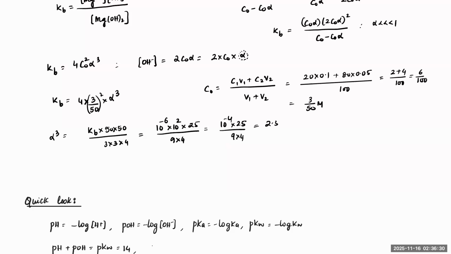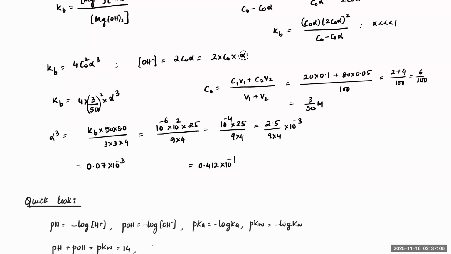So 2.5 divided by 9 into 4 into 10 raised to power of minus 3. So it is 2.5 divided by 4 divided by 9. I'm getting this approximately as 0.07 into 10 raised to power of minus 3. Correct? And now let me take the cube root of that. So the cube root of 0.07 is coming out to be 0.412 into 10 raised to power of minus 1 after taking the root value.